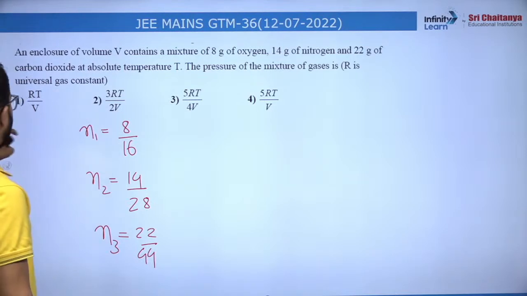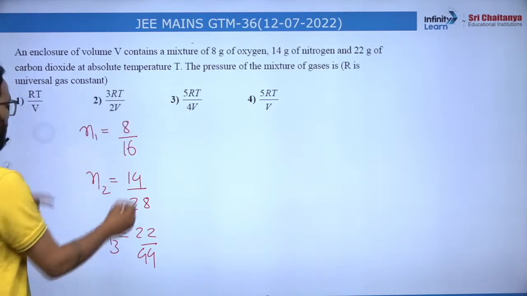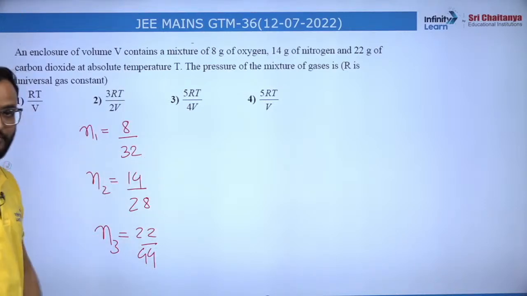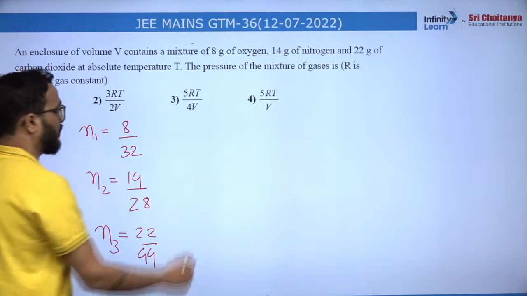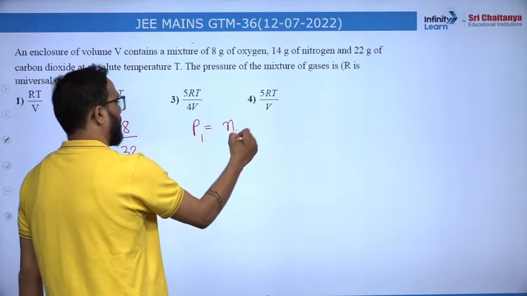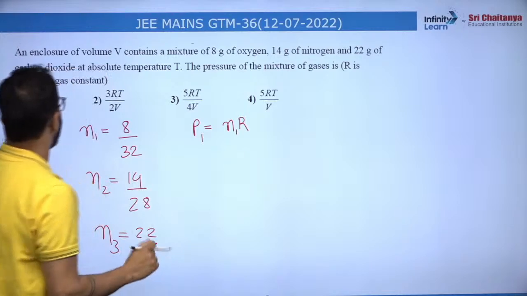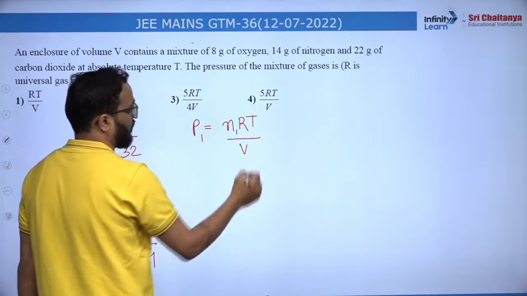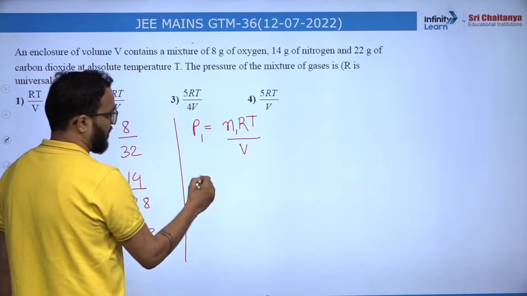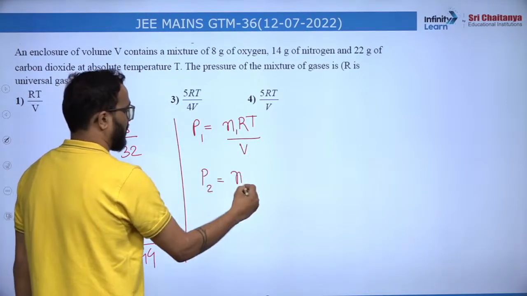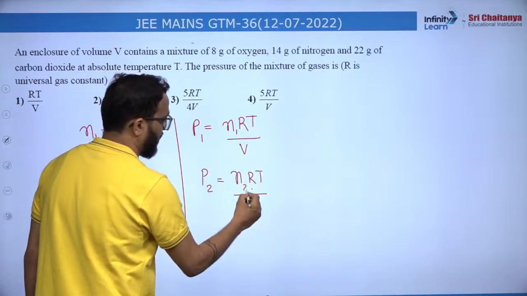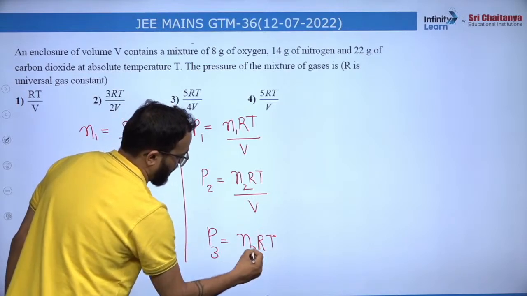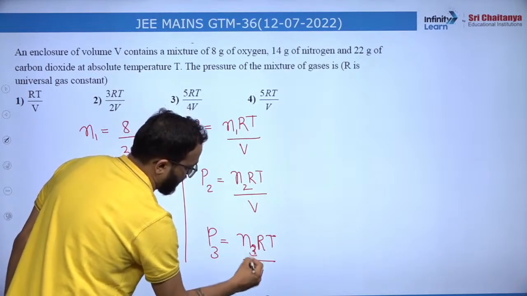Then P1 will be N1RT by V, the temperatures are given and the volumes are the same. Similarly P2 you can find out, N2RT by V, then P3, N3RT by V.